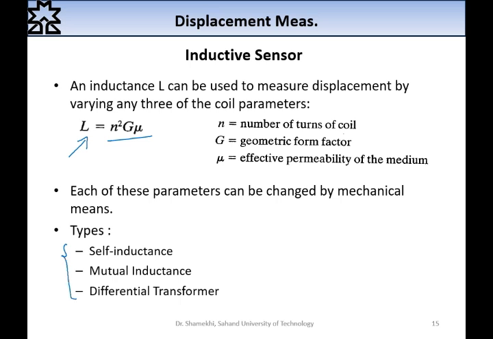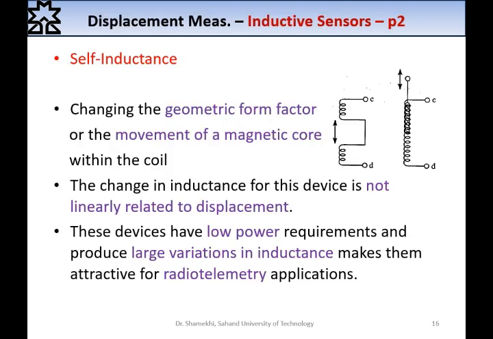The first one is the self-inductance, the second one is the mutual inductance, and the third one is the differential transformer. We call it LVDT. And we start the inductive displacement sensor from self-inductance.